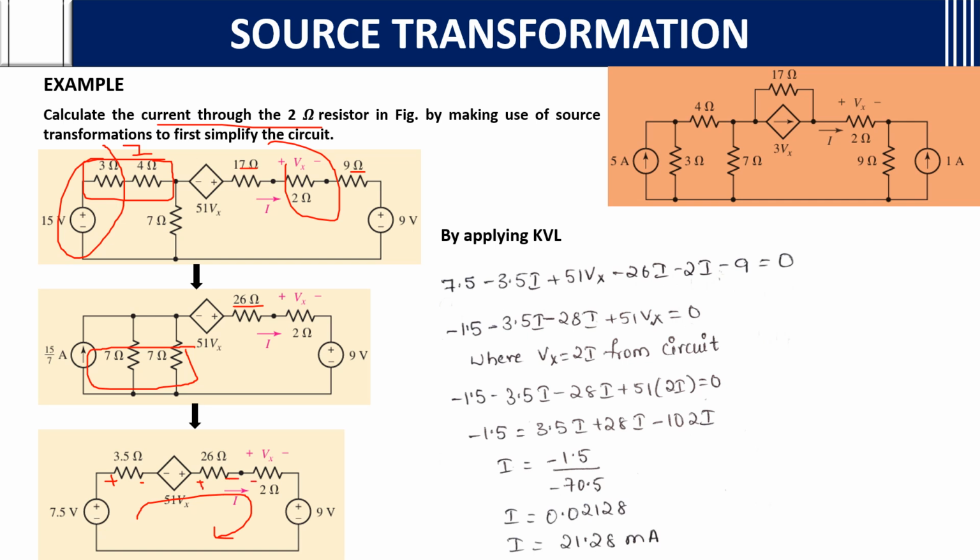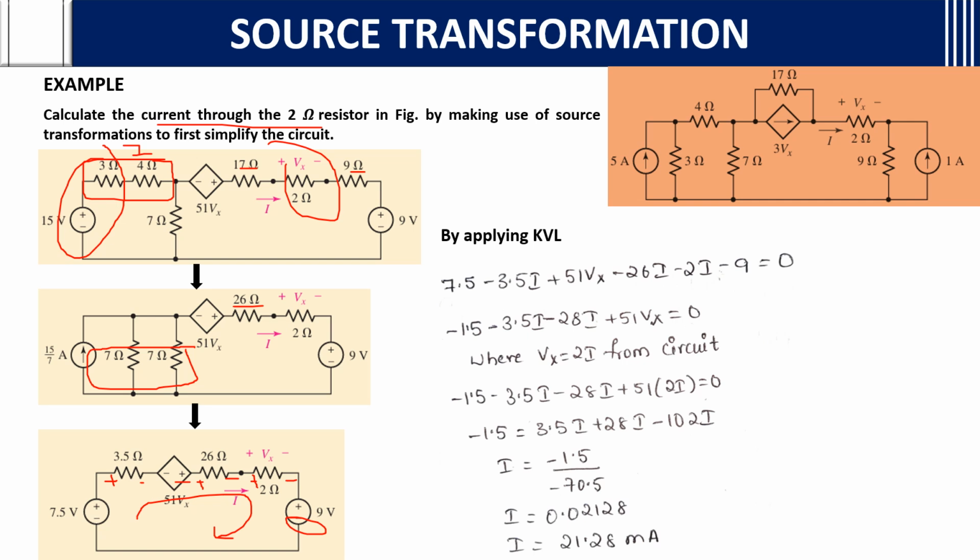So plus 7.5 minus 3.5 I, because I is the current flowing through it. Then plus 51 Vx minus 26 I minus 2I minus 9. The end sign is minus, so minus 9 equals 0.